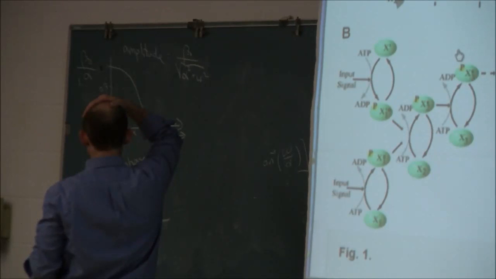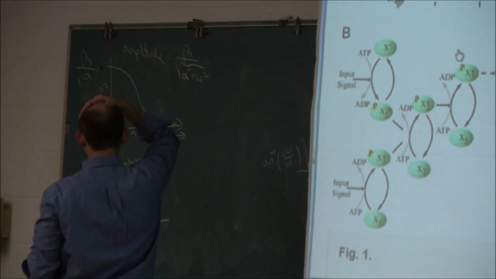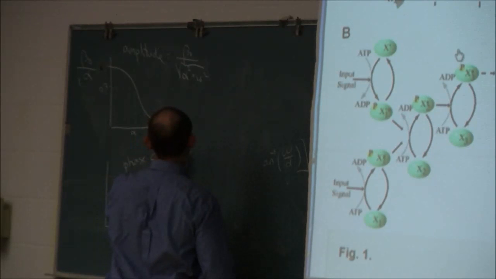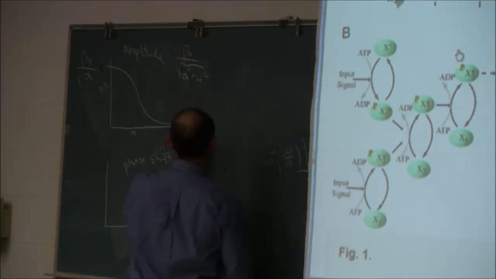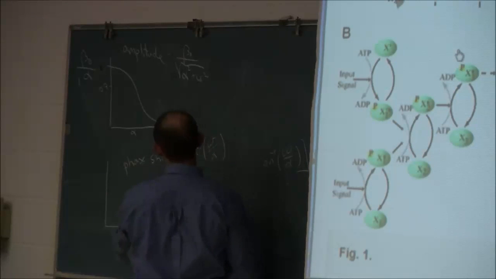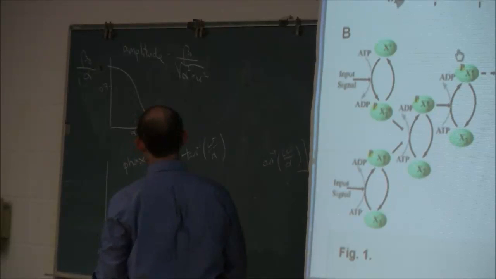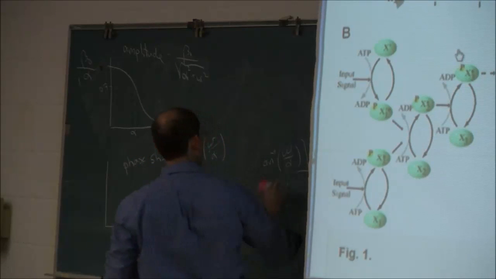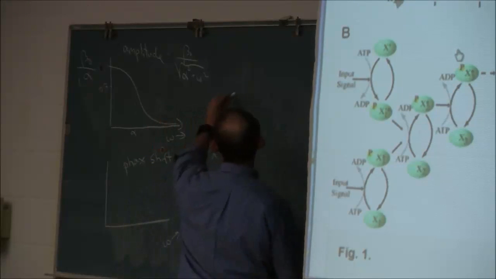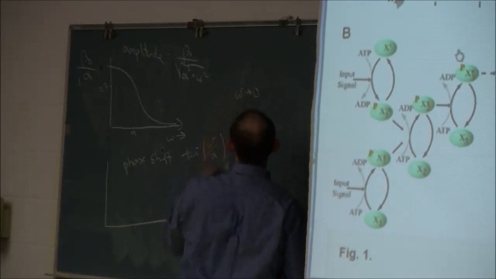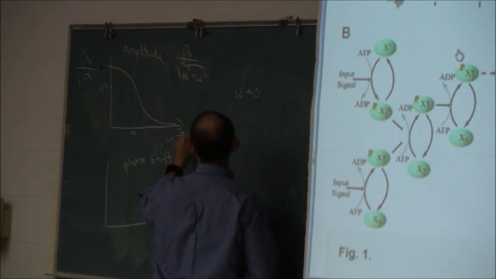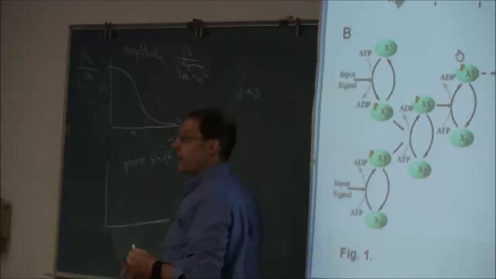The phase shift is going to be the inverse tangent of omega over alpha. So we'll use this as the omega axis again. And let's put in a couple of points. For omega equals 0, I'm going to call this phi just so I have a shorthand way of writing it.